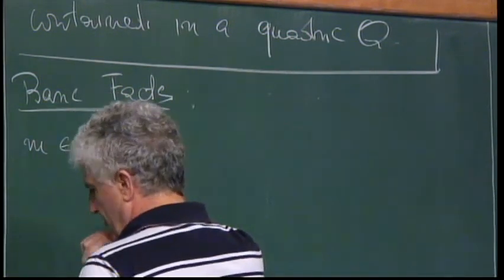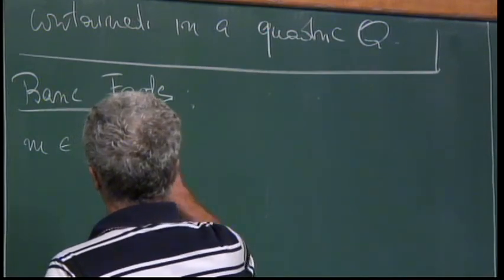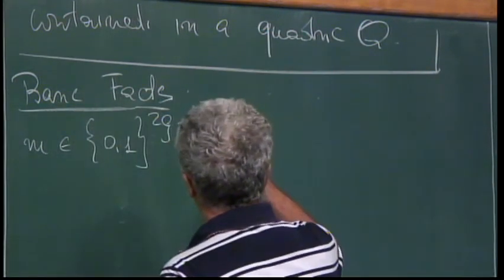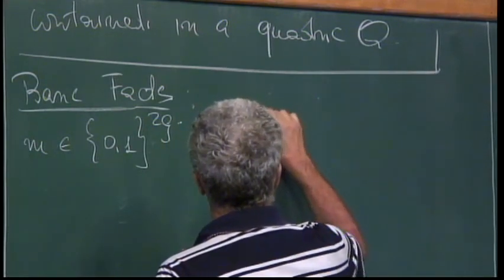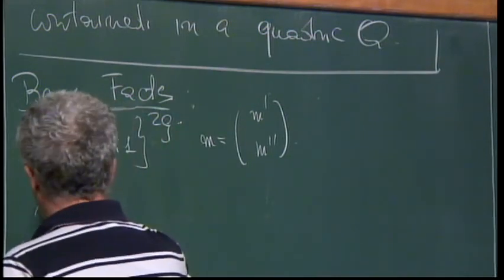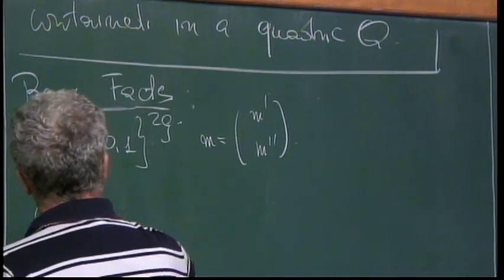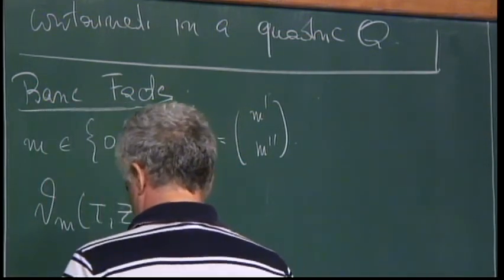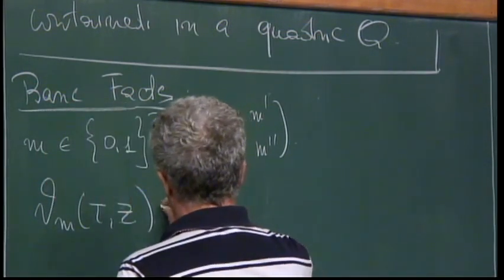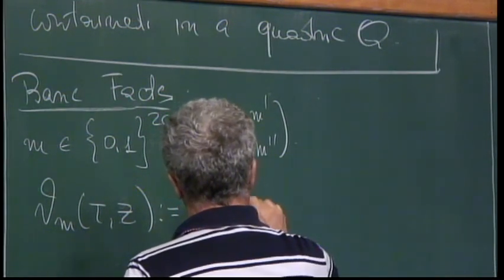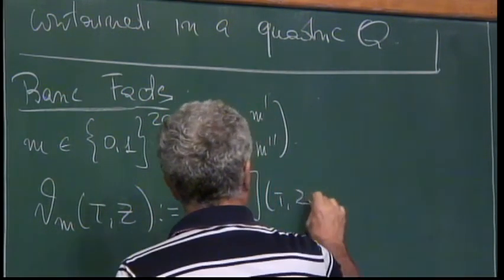Take a vector whose entries are 0 and 1 in the 2g vector, and for my convenience I usually write M as M prime and M double prime. At this point, I define a theta function of characteristic M, which I can also write as theta M prime, M double prime of tau, z.